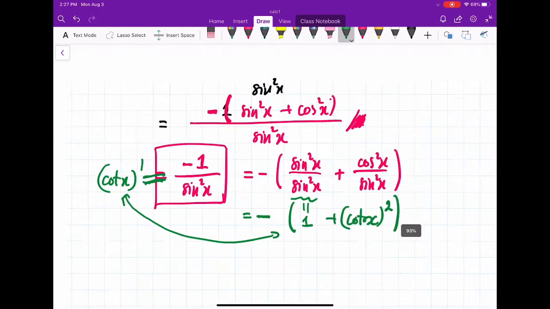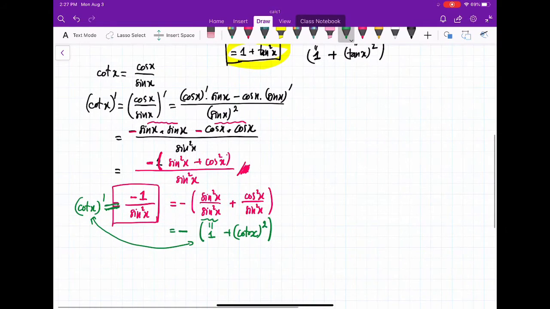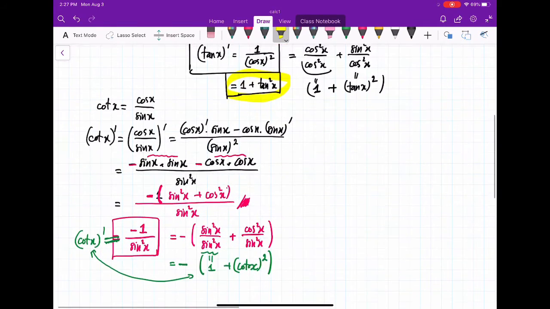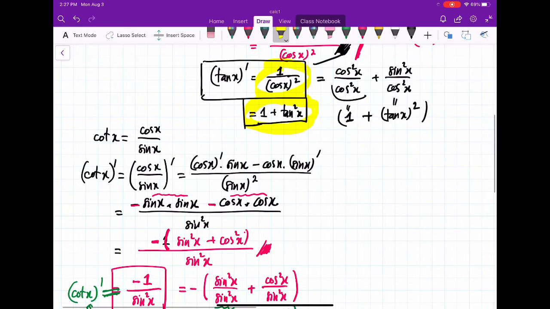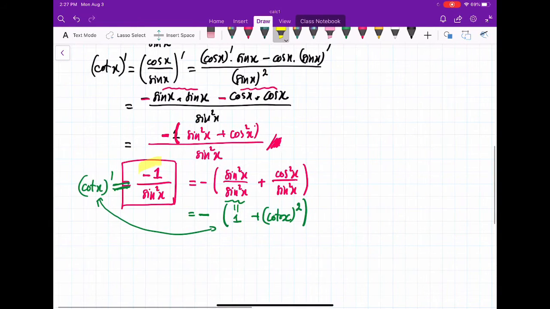Okay? So look at this. Let's compare the formulas of tangent and cotangent. The derivative of tangent is plus 1 over cosine squared, or 1 plus tangent squared. And the derivative of cotangent is negative 1 over sine squared, or negative 1 plus cotangent squared.